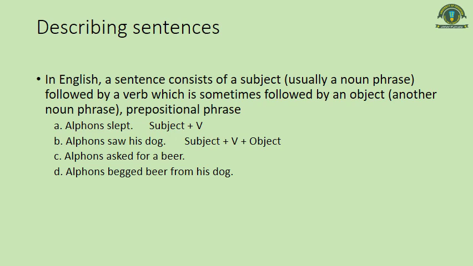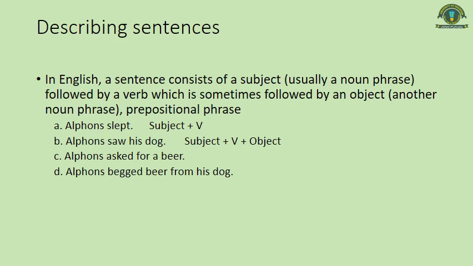And then, Alphonse saw his dog. It's a combination of subject, verb and object. And then, Alphonse asked for a beer. And then, Alphonse begged beer from his dog.